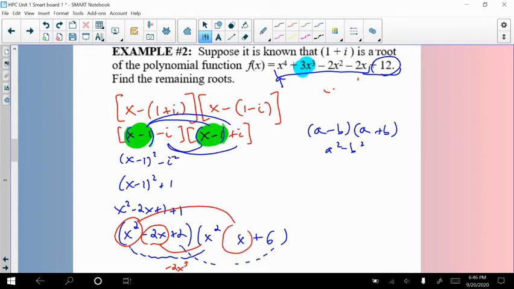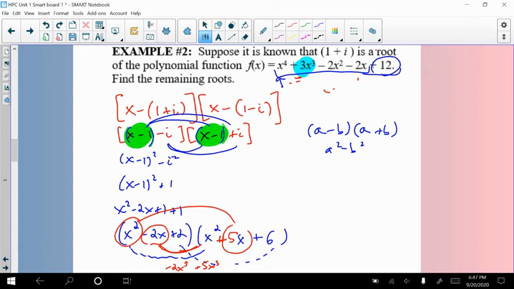That's the only places where I'm going to get x cubed. So if I want 3x cubed and these two terms are giving me negative 2 of them, then I better put a plus 5 here because then 5x times x squared will give me 5x cubed plus the negative 2, which gives you a total of 3. So that's a really efficient way to do that.